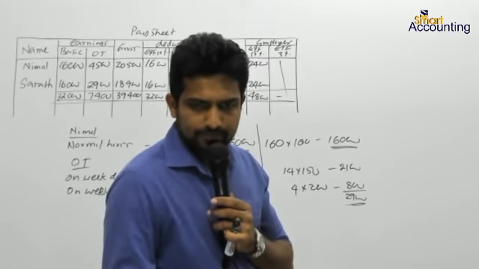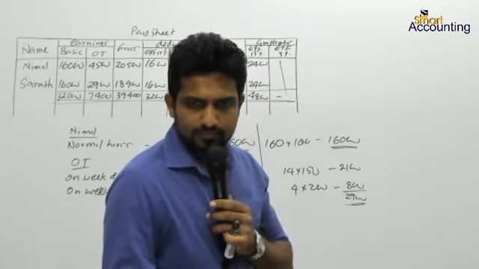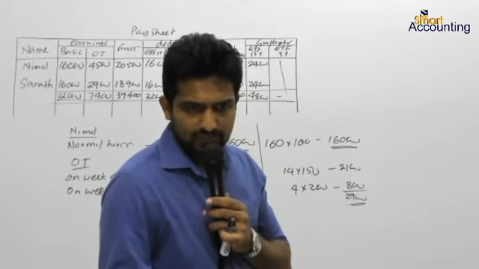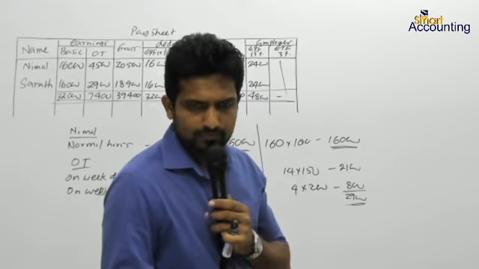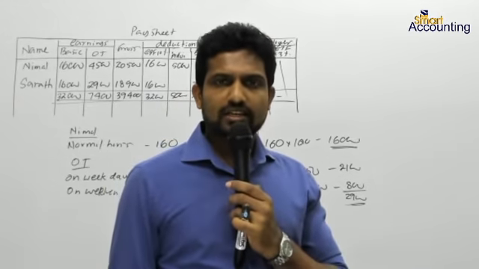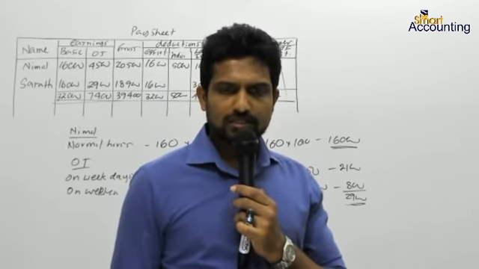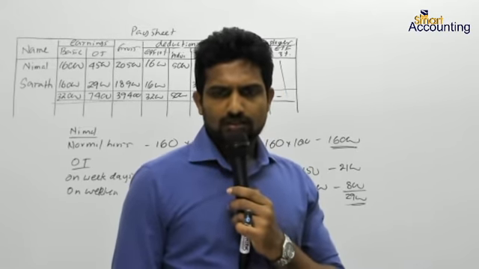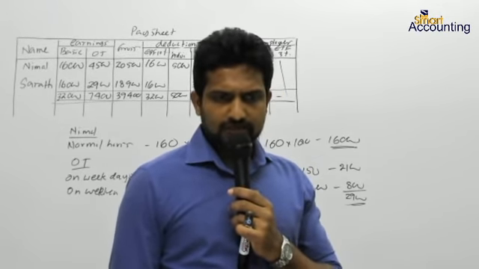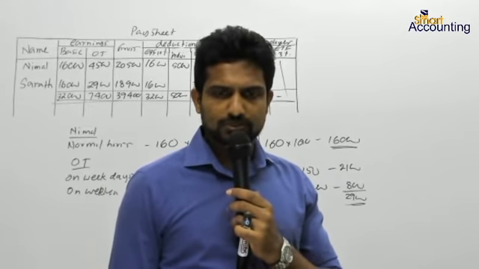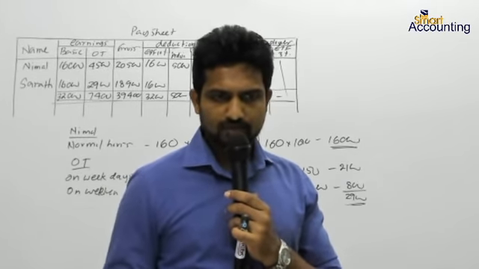Question number 7. Atula, Kamal and Iranda are 3 employees of a company. The following information is given in relation to their salaries for the month of March 2012.